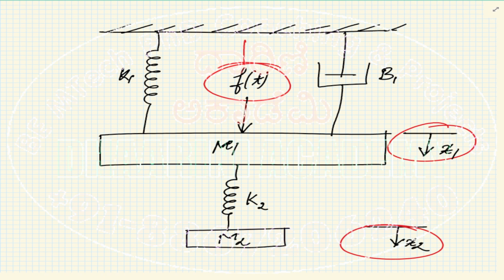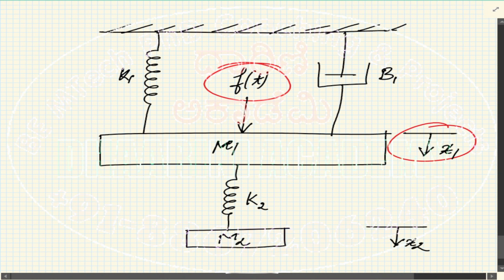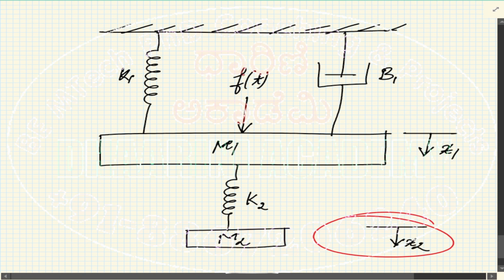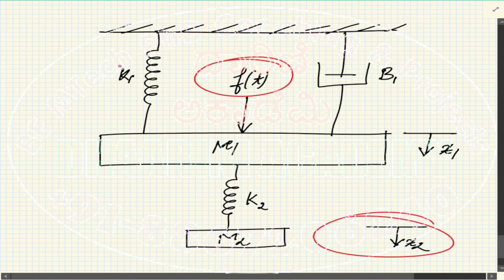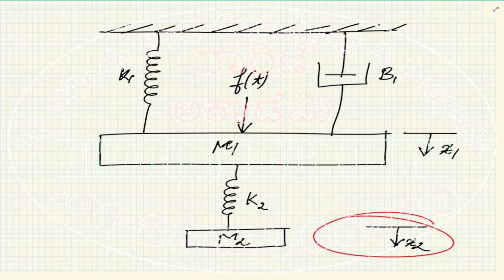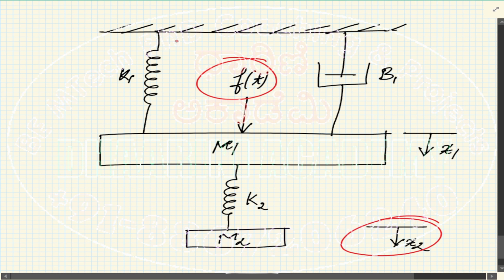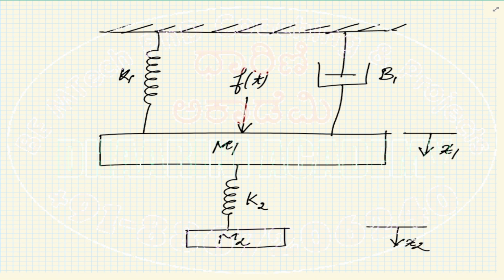So you find out what could be the final result, divide that by the input. So final result is this, input is this, so x2 by f is what I want. All right, so find the transfer function means you are going to find out x2 by f, output by input. That ratio has to be found.